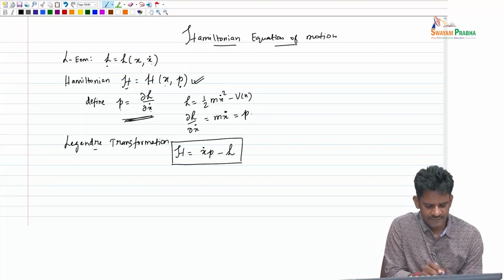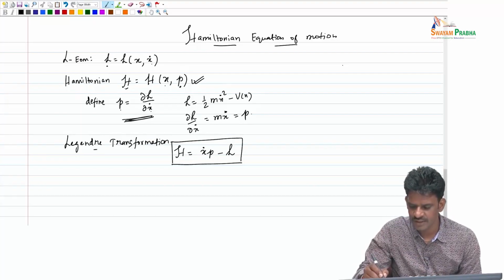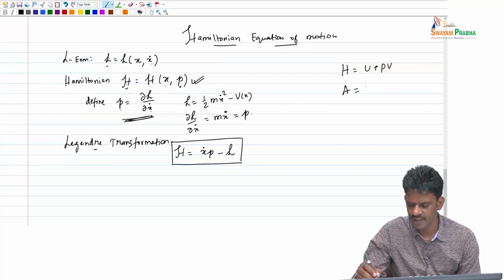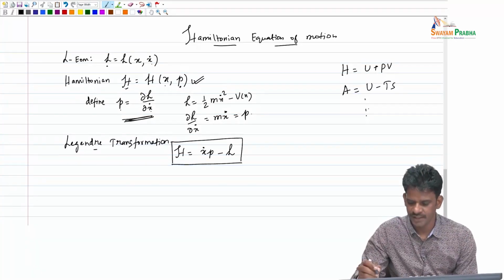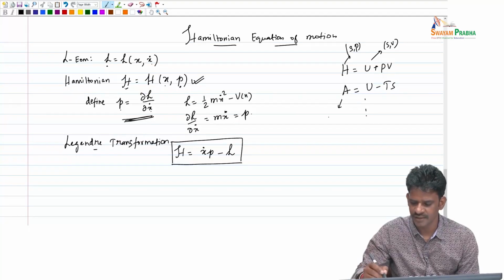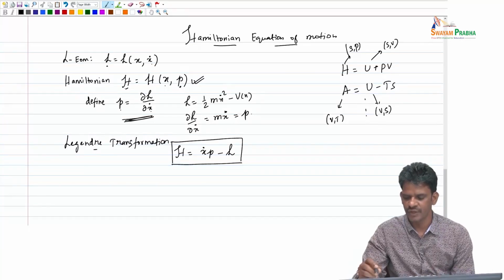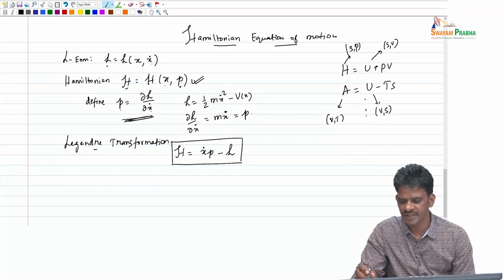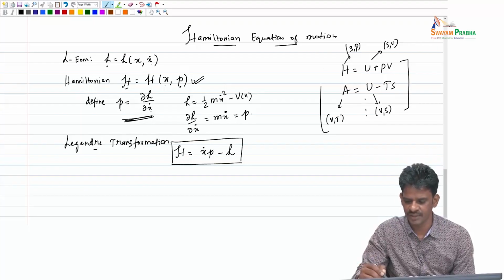And we actually use this kind of Legendre transformation also in thermodynamics. If you recall that we define H is equal to U plus PV, or Helmholtz free energy A as U minus TS, etc. Okay. So in this case H is a function of S and P, whereas U is a function of S and V, and A here is a function of V and T. So whenever you have one common variable and the other variable is related by partial differential of the function, then you can always apply Legendre transformation, which we do in thermodynamics.